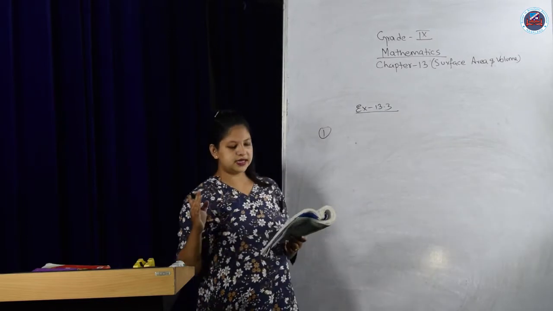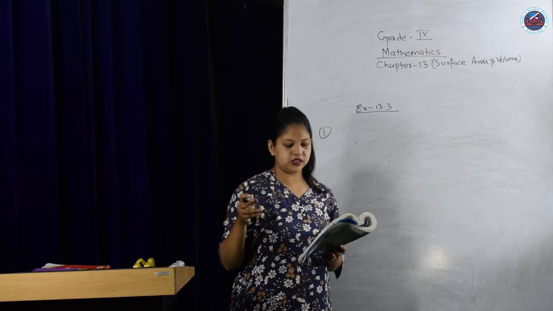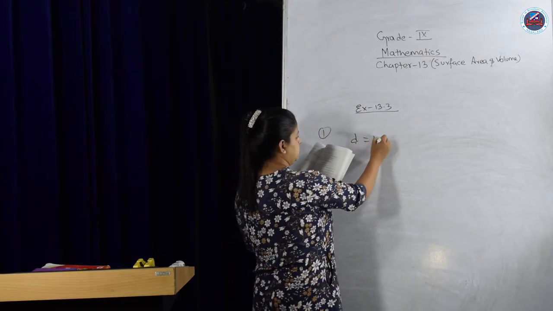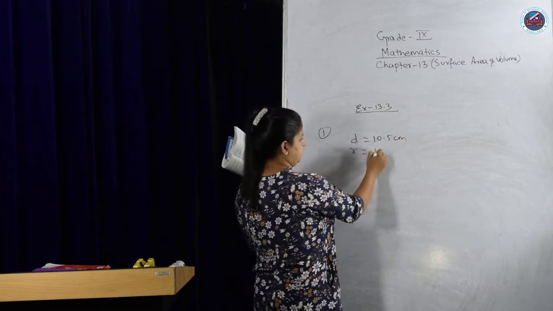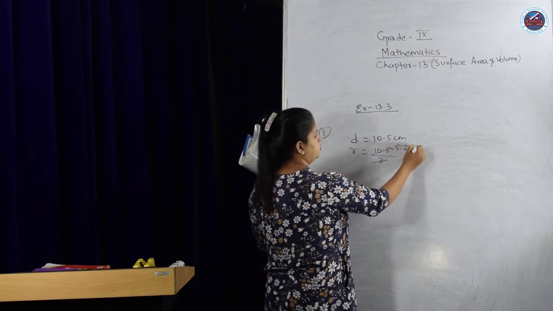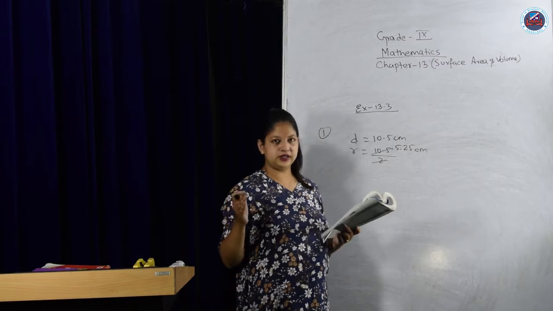Exercise 13.3, question number 1 says diameter of the base of cone is 10.5. Diameter is given 10.5 centimeter. Find radius. Divide by 2. 5.25. Slant height is given 10.